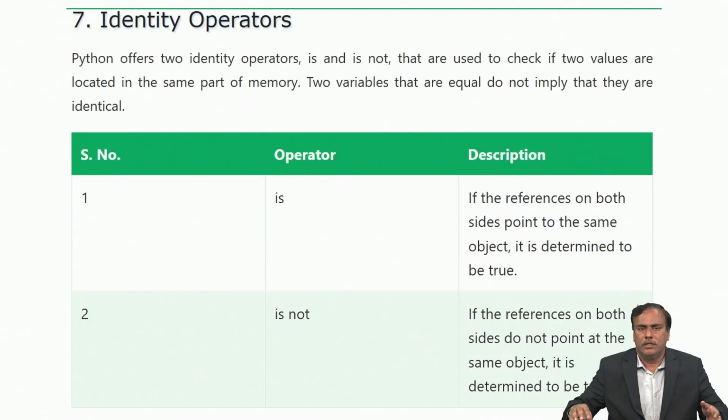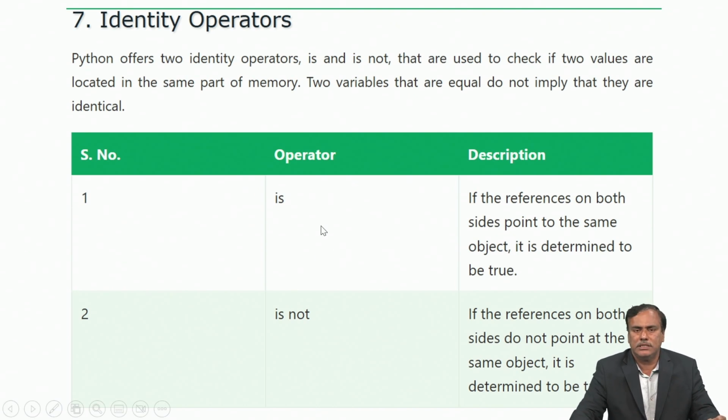We have two types of identity operators, namely is and is not. With the is operator, you have to use the word is. If the references on both sides point to the same object, it returns true, otherwise it returns false.